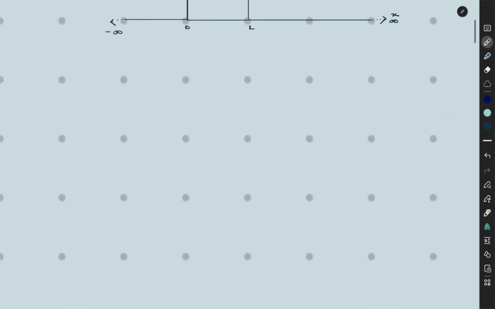So now we will write the Schrodinger's time independent wave equation.